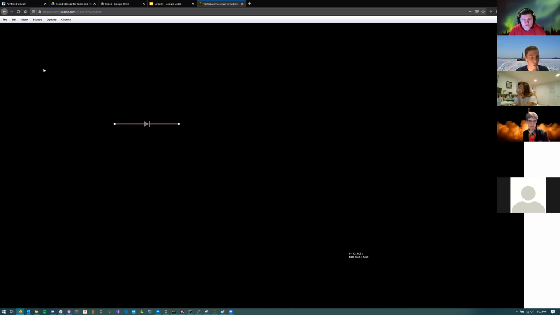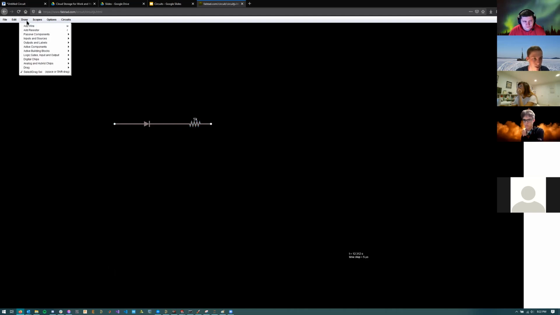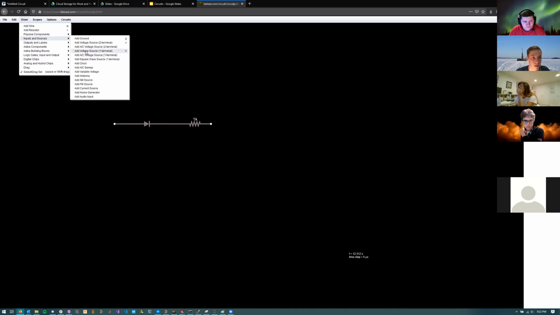So we'll see if we have some circuit with a resistance and a diode. We see that when we connect the DC voltage to the diode, with the positive going into the anode, so this is the anode and this is the cathode of the diode, current will flow.